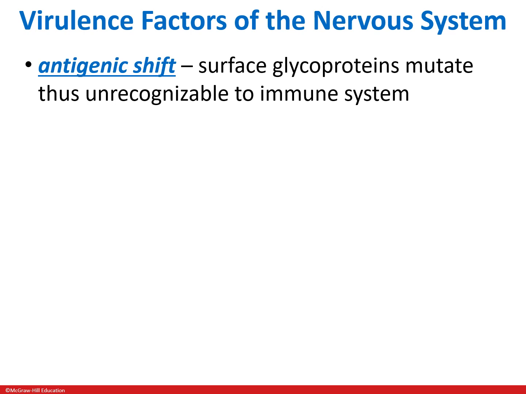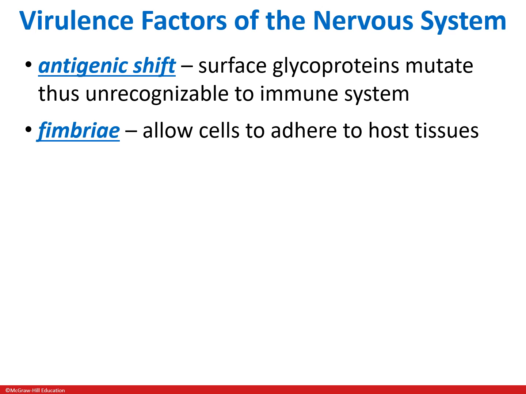So because they're proteins, if they have the ability to alter the shape of those glycoproteins and shift the shapes, if you will, that means every time the organism replicates, it's going to look different to our immune system, and it might as well never have been seen before. And so you can't develop immunity against organisms that constantly change their shape.